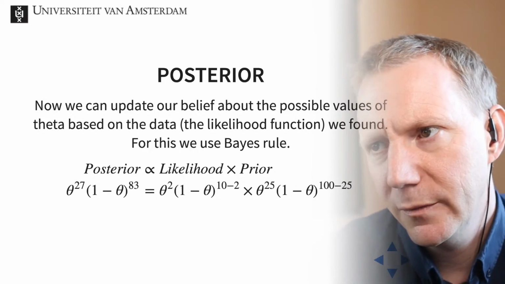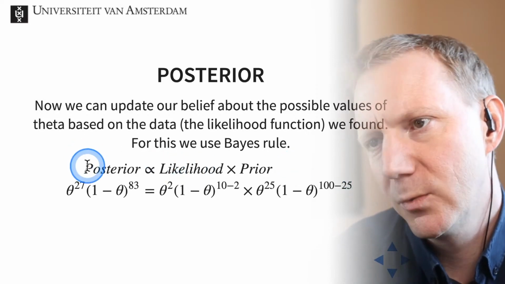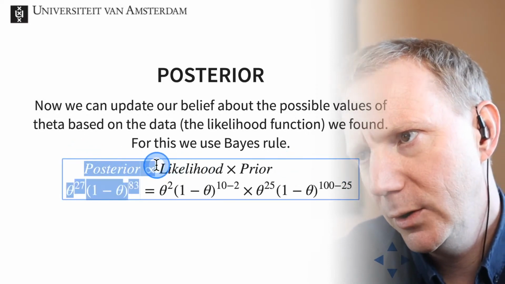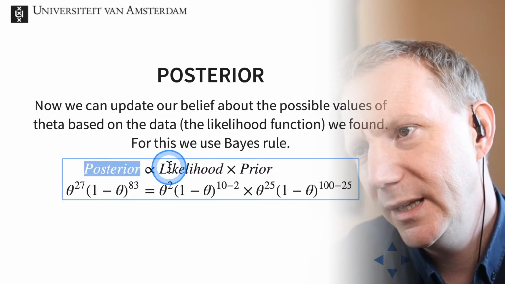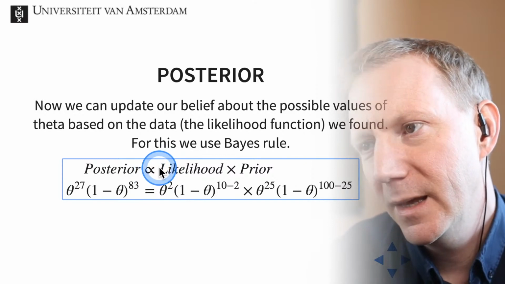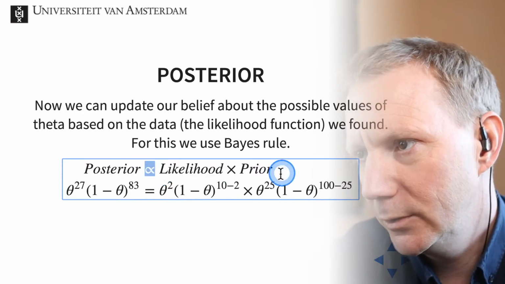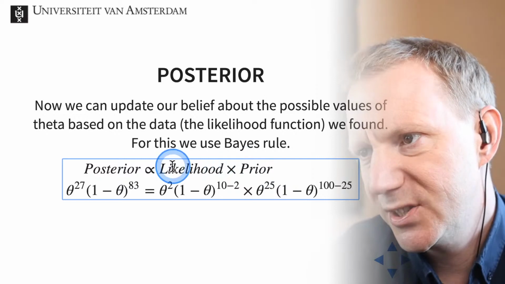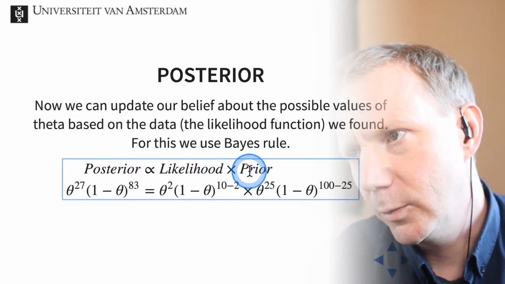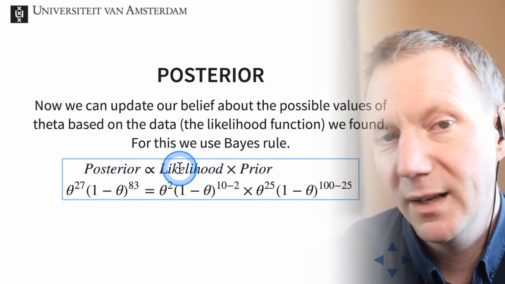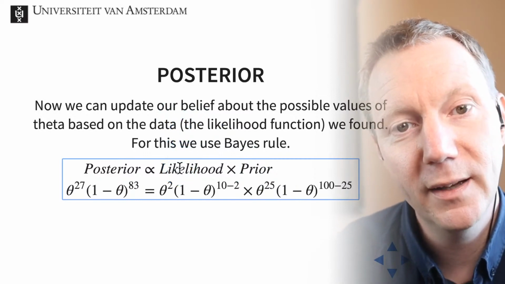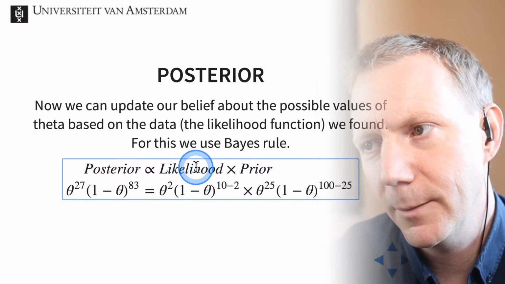So in terms of Bayes' rule, where you update your belief, the posterior is proportional to the likelihood times the prior. You're multiplying your prior belief with the likelihood given the data.